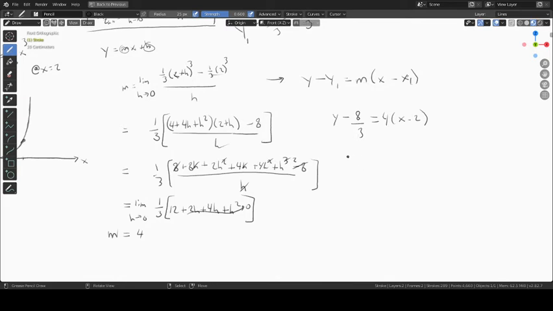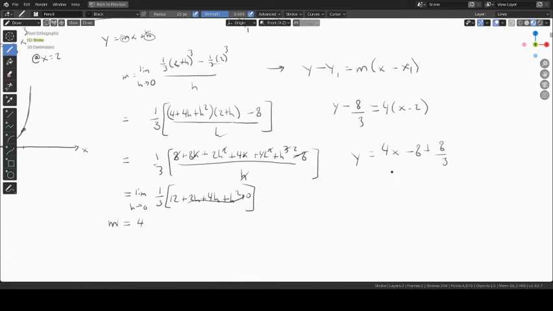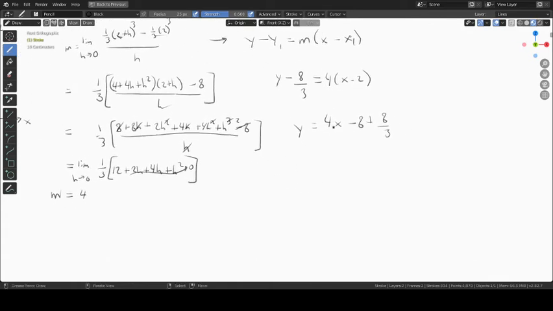So we have y equals 4x minus 8 plus 8 thirds. So we have 8 thirds minus 8, which is negative 16 thirds. So we have y equals 4x minus 16 thirds. And that should give us our answer.